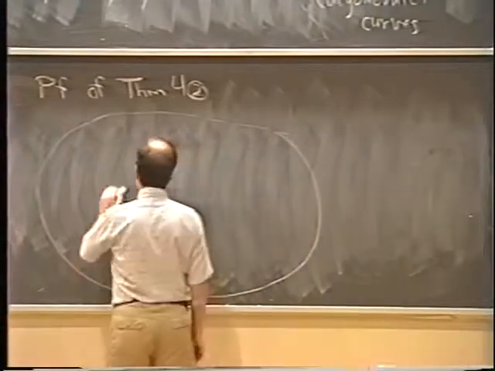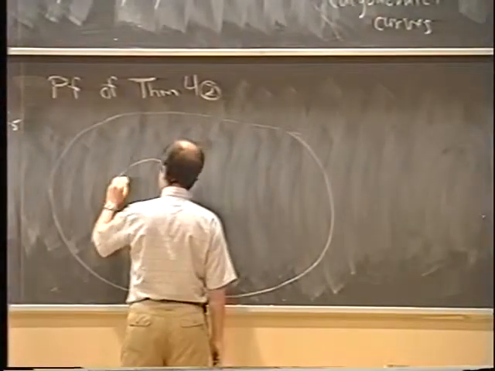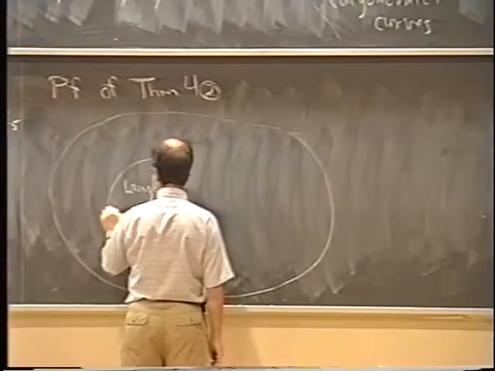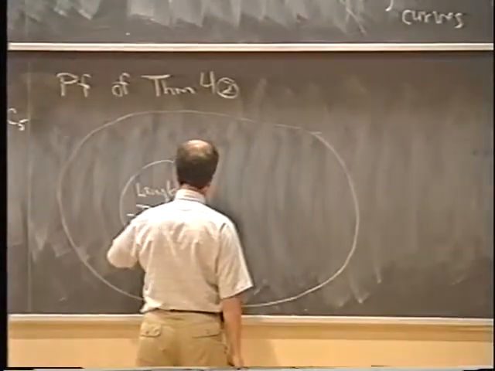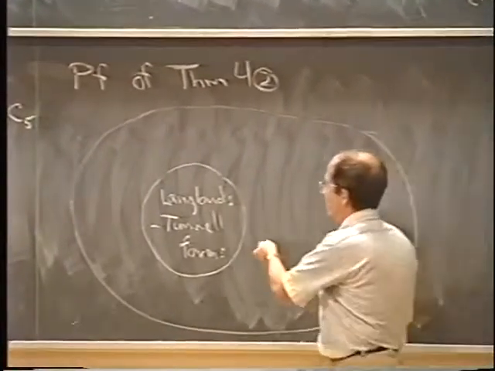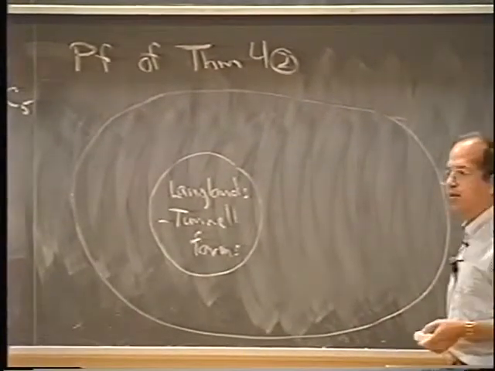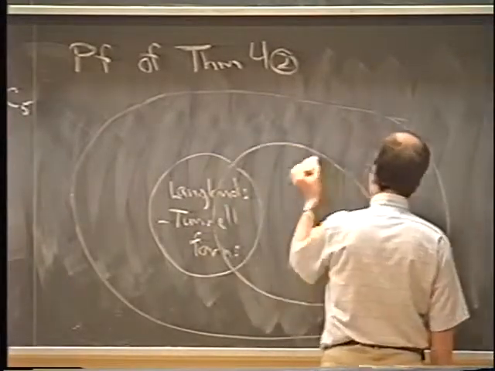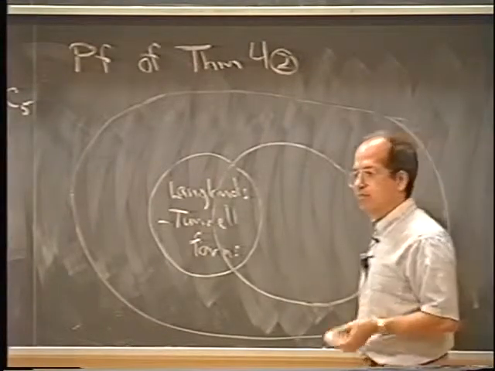Jerry Tunnell in his lectures showed how to produce some modular forms, which I'll draw in this picture as just the Langlands-Tunnell forms. Which were not enough to do what Wiles wanted to do. You didn't necessarily know that in this set you had found the particular forms corresponding to the elliptic curves you wanted. So Wiles had to go through this whole deformation machinery to produce, or at least specify, more modular forms.